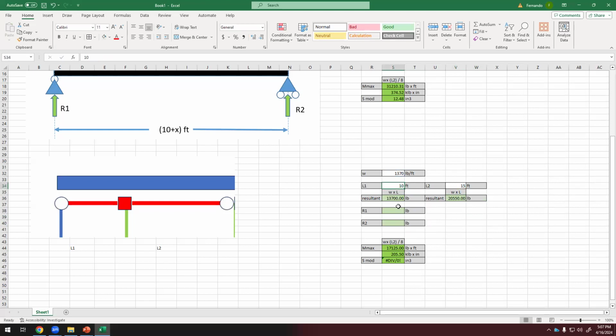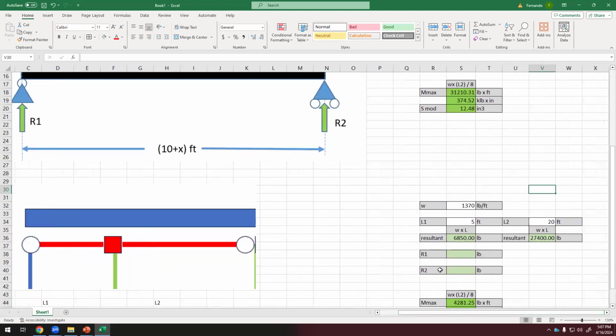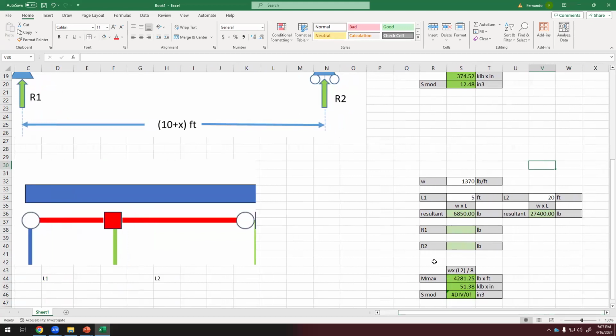Now if this L is 5 feet, this is the resultant. If this L is 20 feet, that's the resultant. And the load is always the same. The length is not. So this distance is L1, this distance is L2. There's a resultant in the middle of L1. Of L2 here, there's another resultant in the middle of L2 there.